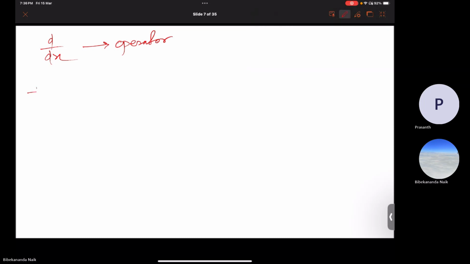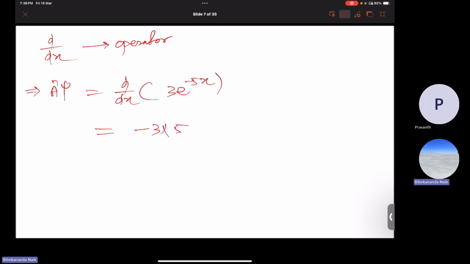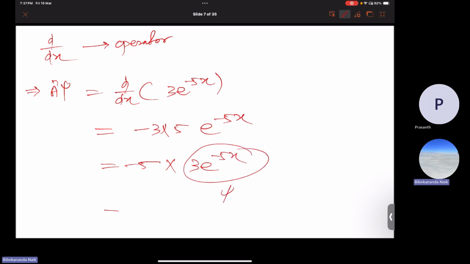So A cap psi will be d by dx of 3 e to the power minus 5x, which will give you minus 3 into 5 e to the power minus 5x. So minus 5 into 3 e to the power minus 5x. This is psi, so it will be minus 5 psi. So here minus 5 will be the eigenvalue.